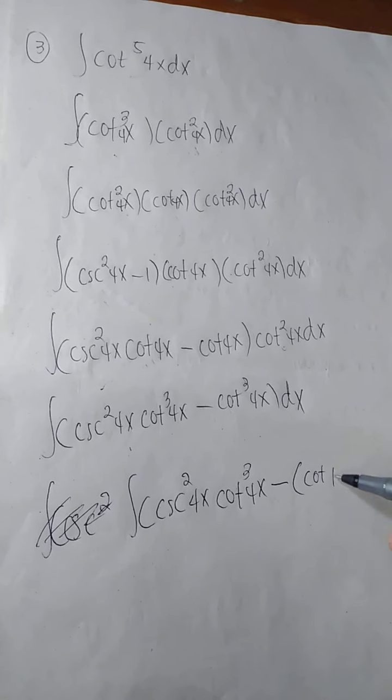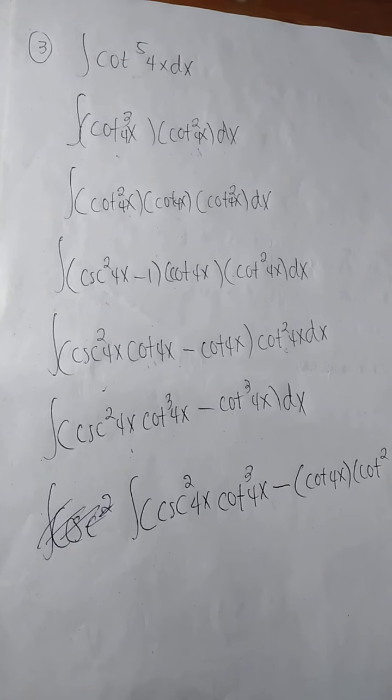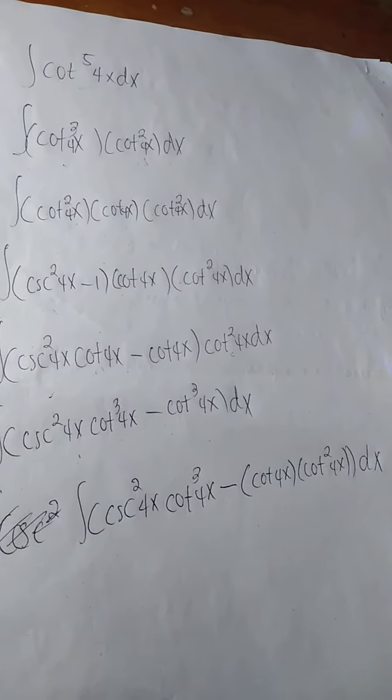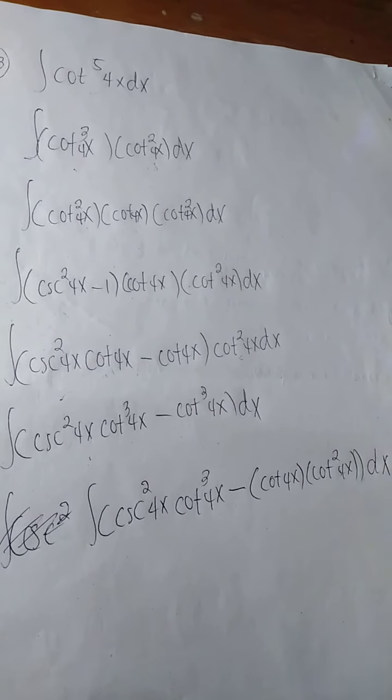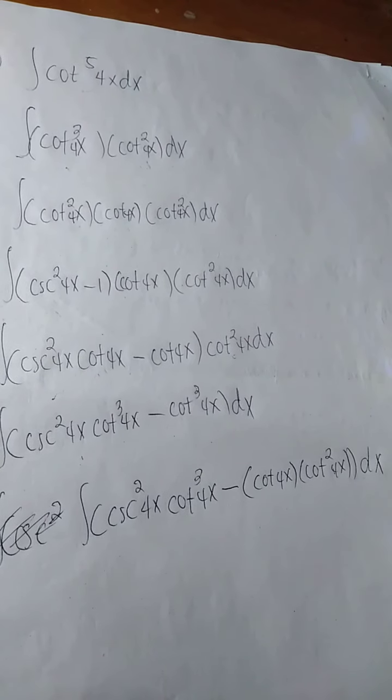So magiging cotangent 4x na lang, so cotangent squared 4x dx. Then, this one, we replace this by cosecant squared 4x minus 1.